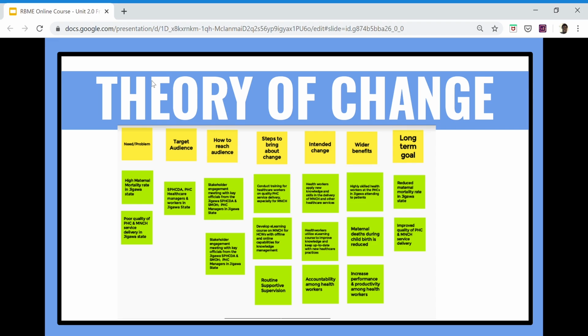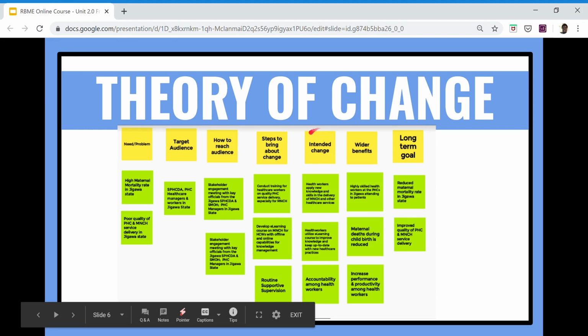Then your theory of change moves to the level of change, which means they've taken part in your programs. Now you want to think about the behavioral change and the knowledge change that might have happened, and that's what you measure at the outcome stage.